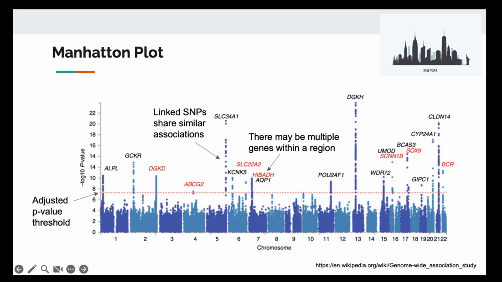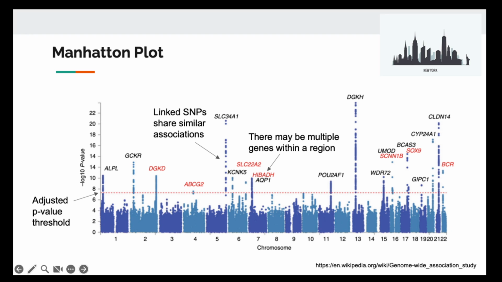You notice on the y-axis, this dashed line, which is the significance threshold, is at about 7. And this is the minus log10 p-value. So 7 here means that the p-value is 10 to the minus 7, which is 0.0000007. This comes after the adjustment.